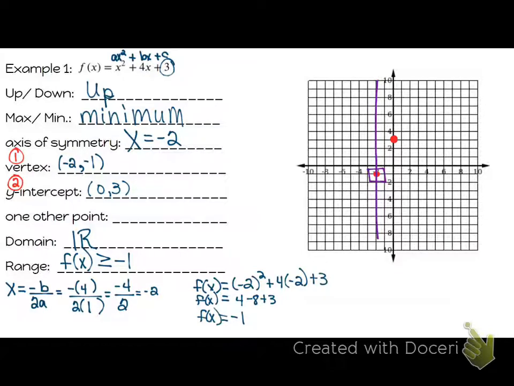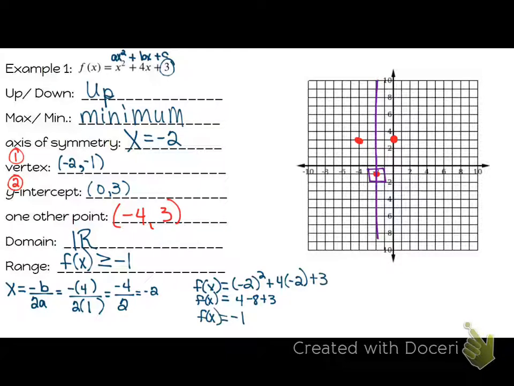So if this is my vertex, how do I get a point directly symmetrical to it? You go left 4, and then up 3. Good. So what's that ordered pair that you just came up with, Dylan? -4, 3. So that's your other point.